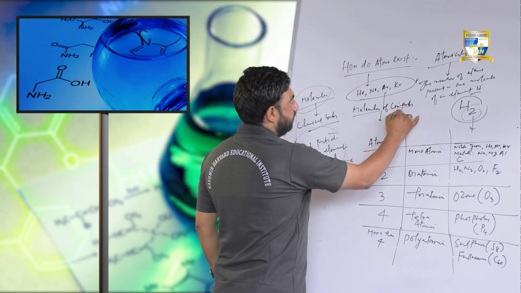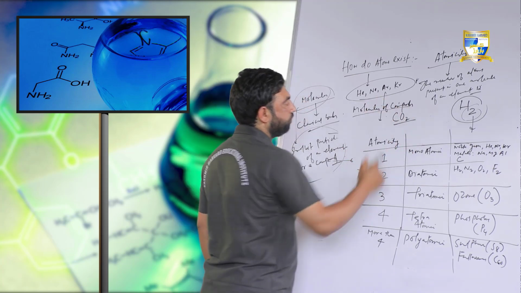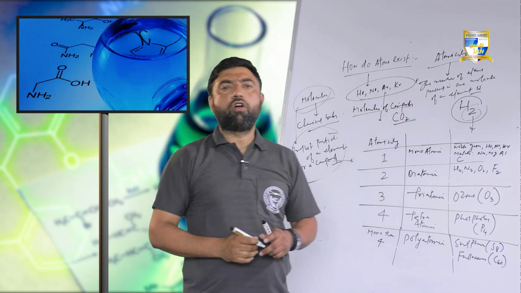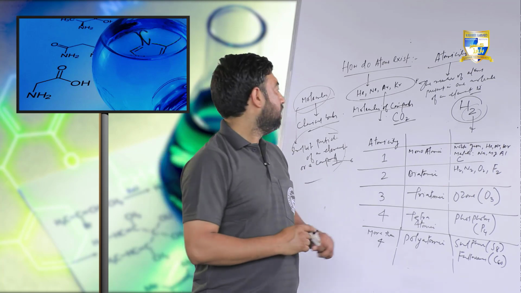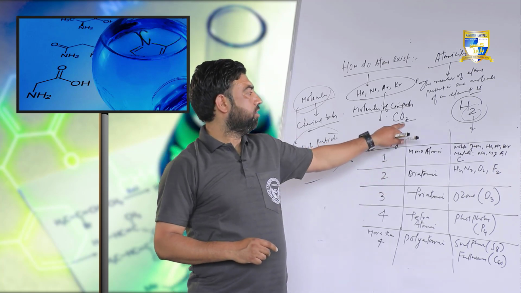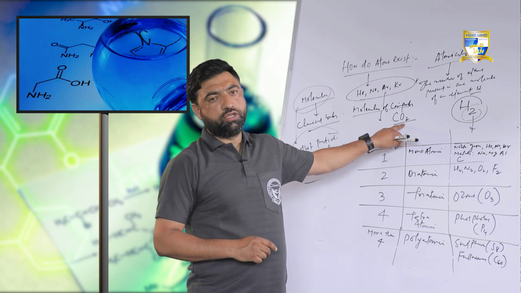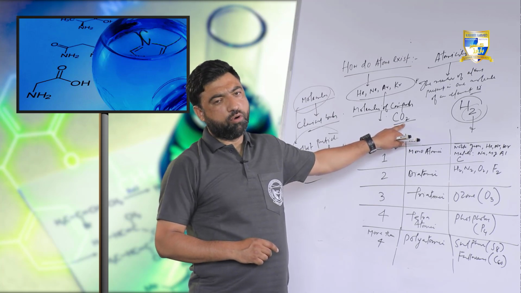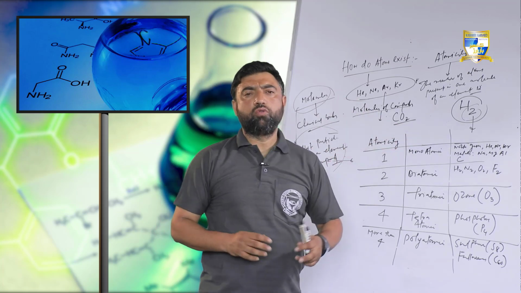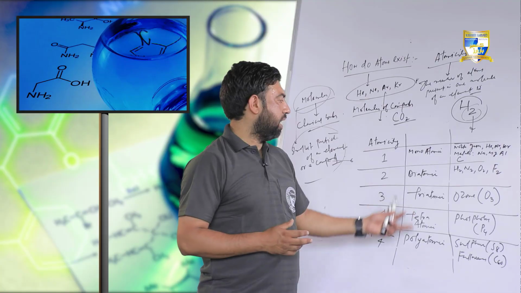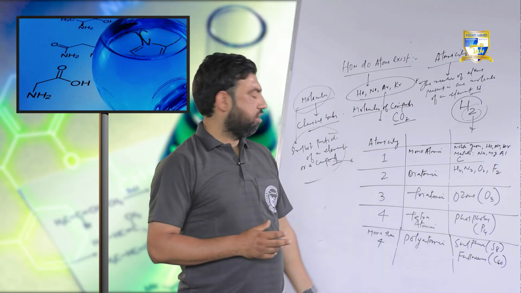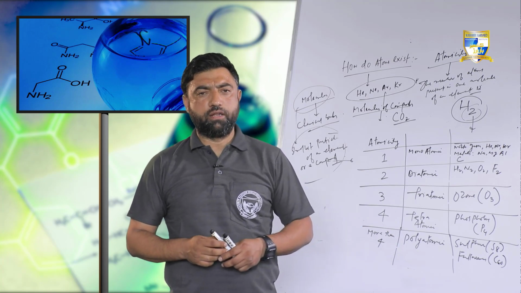For example, CO2. This is the formula for carbon dioxide. Here, one carbon atom is bonded with two oxygen atoms by means of chemical bonds. Similarly, molecules of compounds may be diatomic, triatomic, tetraatomic, or polyatomic in nature.